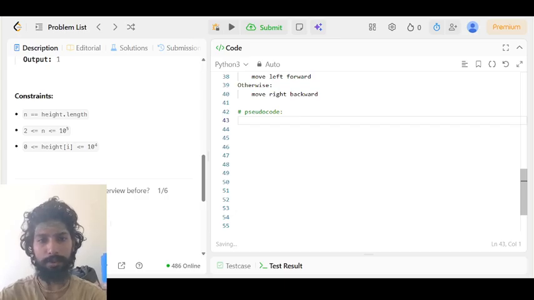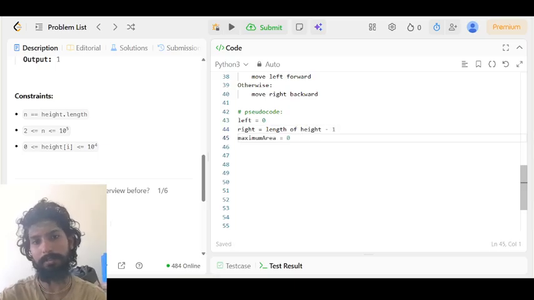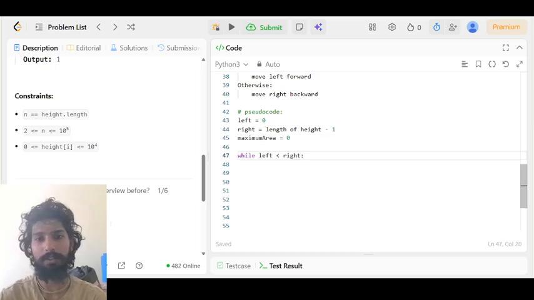We initialize left equal to 0, right equals length of height minus 1, the height array that we are receiving, and maximum area equal to 0. Then we run a loop while left is less than right. Width equals right minus left.